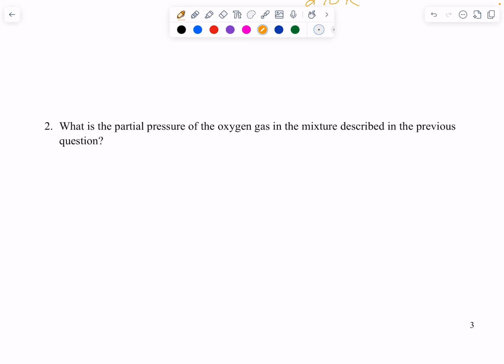Number 2, what is the partial pressure of oxygen gas? That's the question. What is the partial pressure of oxygen gas in the mixture? So everything else is above. Well, partial pressure, the pressure of O2 would be equal to the mole fraction of O2 times the total pressure.